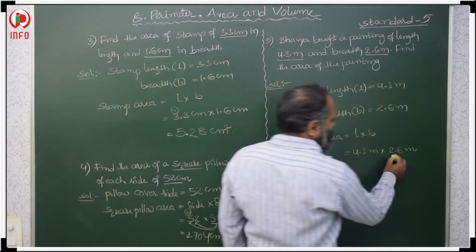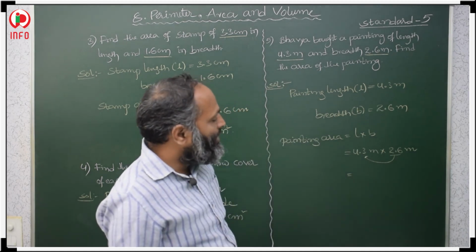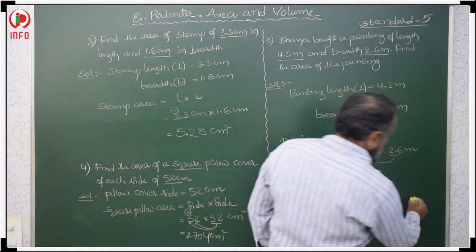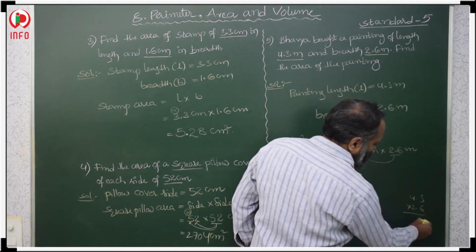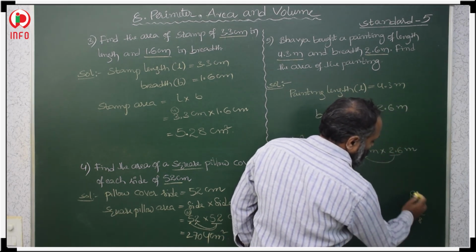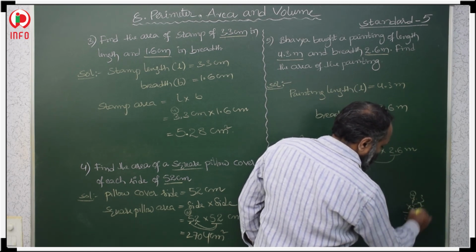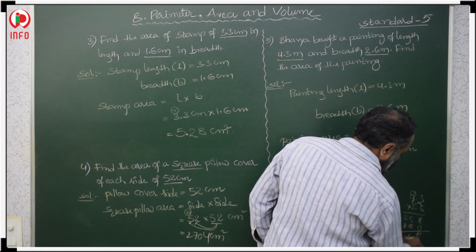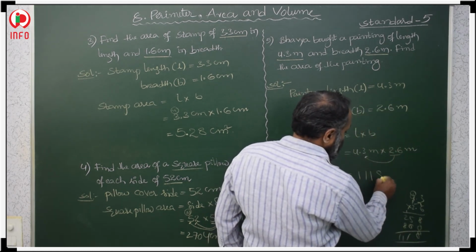So do one thing, 4.3 into 2.6. First you multiply 6, 6 3s are 18, 6 4s are 24, 1, 25, then here 0, 2 3s are 6, 2 4s are 8, 8 11 1 11, 1118.